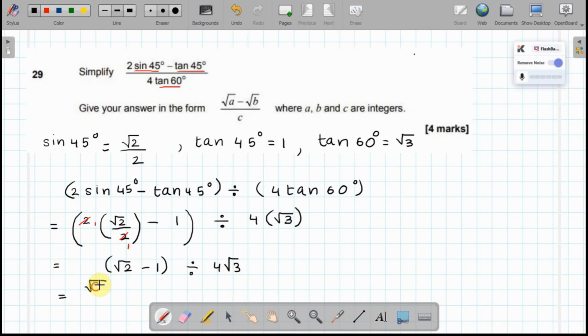So root 2 minus 1, and I'm going to leave it in brackets, divided by 4 root 3. Now we can see, ideally we don't want our denominator to be irrational, so it should not be in surd form. And we can see in the question as well, the value of c is not in surd form. So to change this, I'm going to rationalize the denominator. To do that, I'll just multiply top and bottom by root 3.